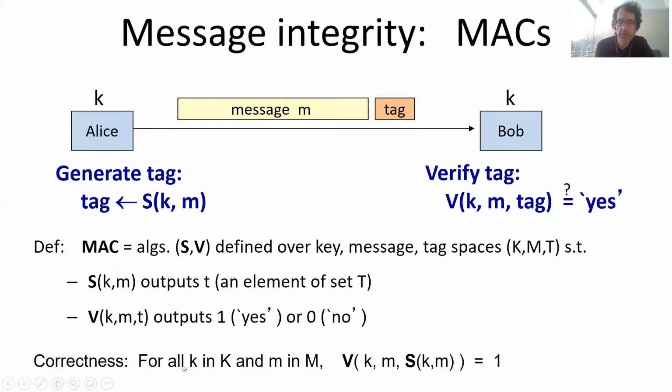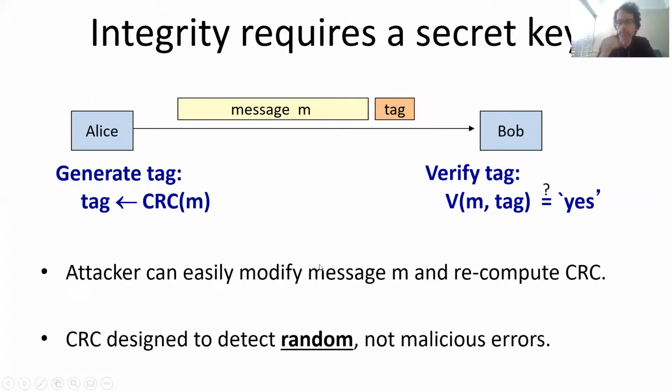The correctness property is that no matter what key you chose, and there's also a key space and a message space of a MAC, just like a key space and a message space of encryption, for any key and message in the proper spaces, if the sender computes the proper tag, then the verifier will always accept it.